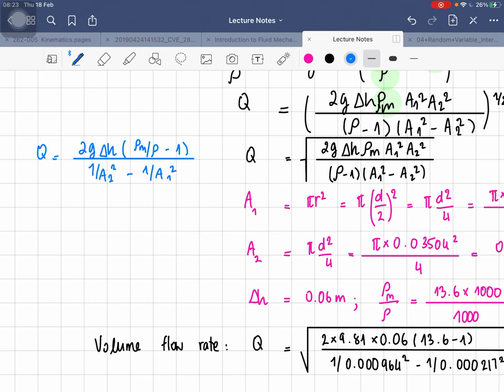Alright, so if we put this one into 1 over A2 square minus 1 over A1 square, it's equal to A1 square minus A2 square over A2 square multiplied by A1 square.